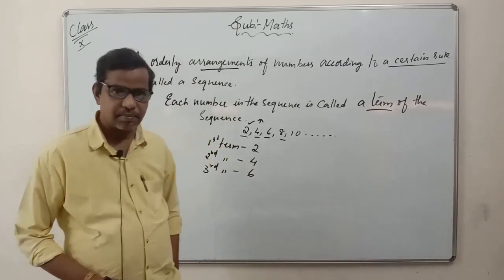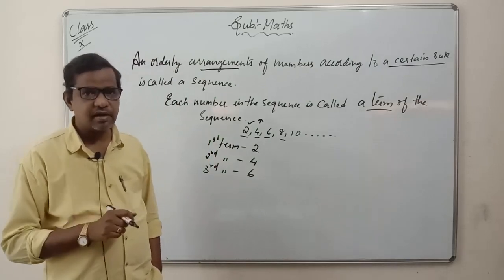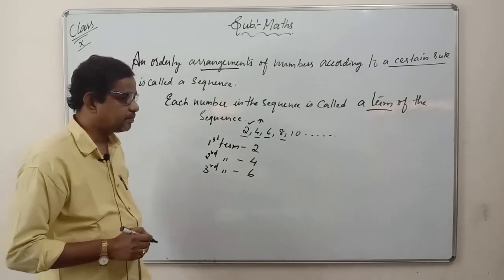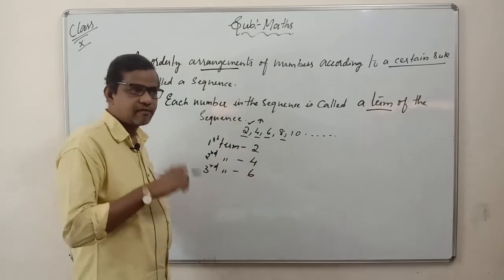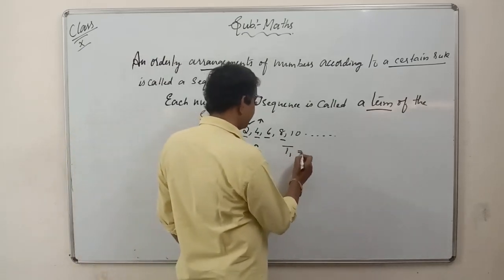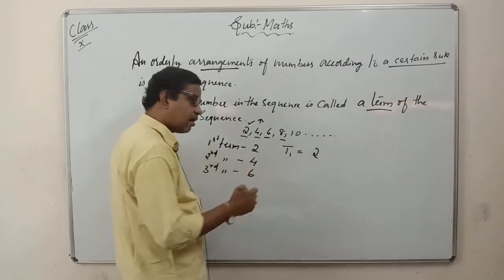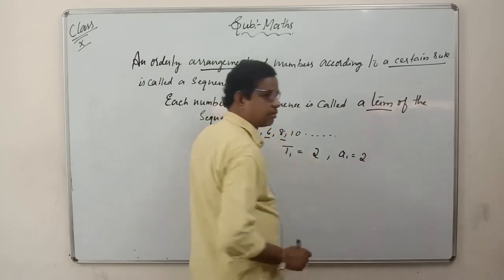And how to represent these terms? There are two ways you can represent the sequence. For example, the first term is 2 here. You can say T1 equals 2, because it is the first term. Or if you want, you can write A1 equals 2 also.